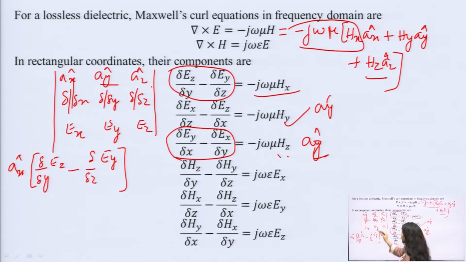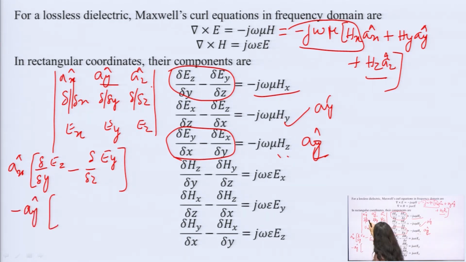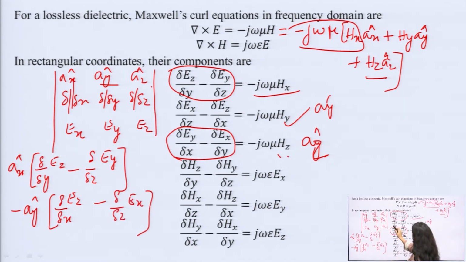And for calculating the Ay component, we will write like this: minus Ay, del by del x Ez minus del by del z Ex. You are able to see del upon del z Ex will be a positive sign, and next one is minus del upon del x Ez. Similarly, you can have the value of Hz.